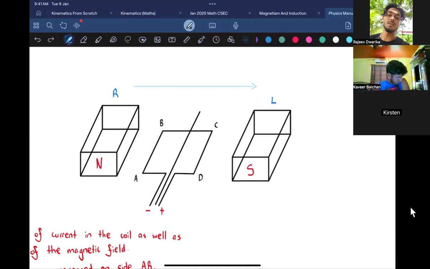We have the terminals here, the positive side here and the negative side here. How are the charges going to move? Positive. Yeah, so positive to negative, right?